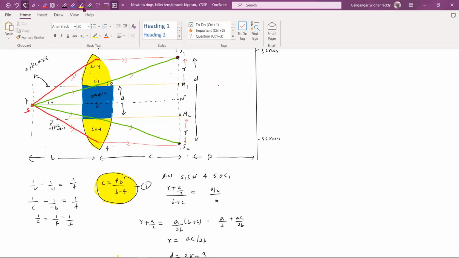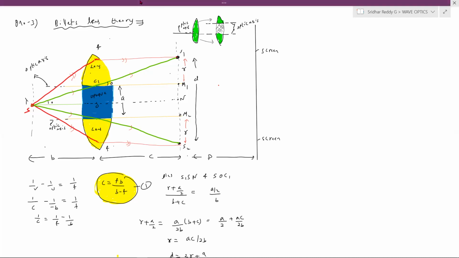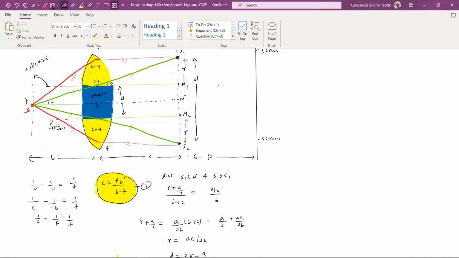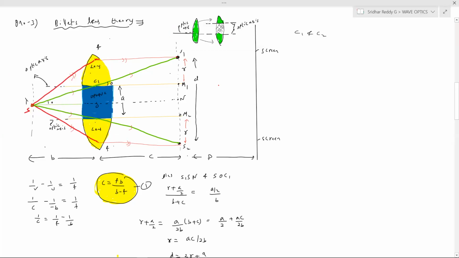C1 and C2 are the optic centers of the upper and lower parts of the lens respectively.